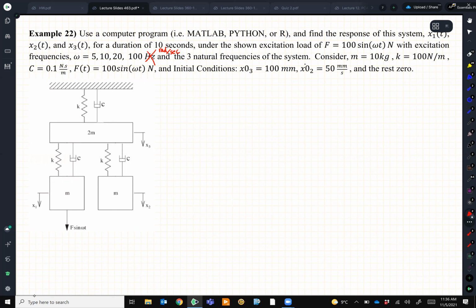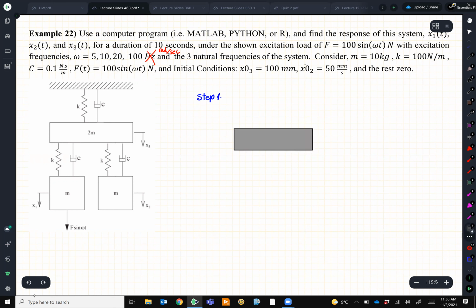So step number 1, draw the free body diagrams. That should be easy for all of you. So I have this big mass, then I have these 2 masses.